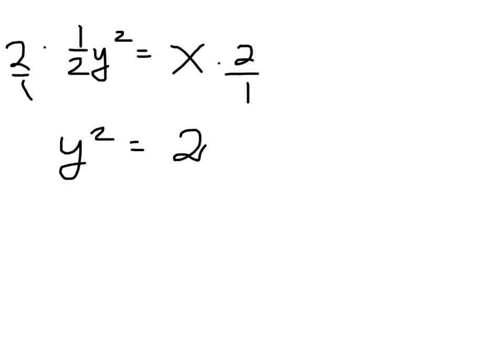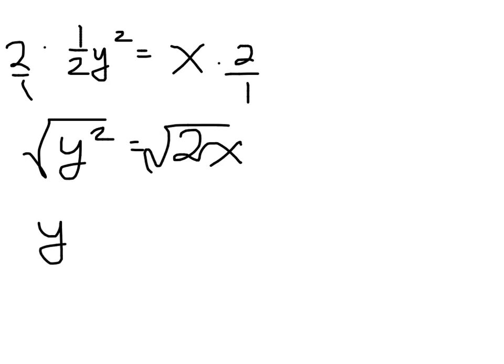So then when I did that, now I've got y squared equals 2x. And now I square root it. And what do I get? y equals plus or minus the square root of 2x.